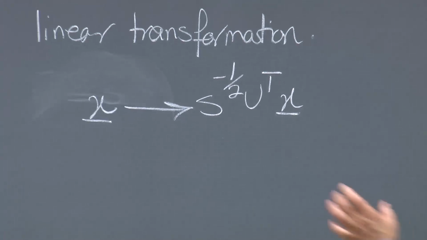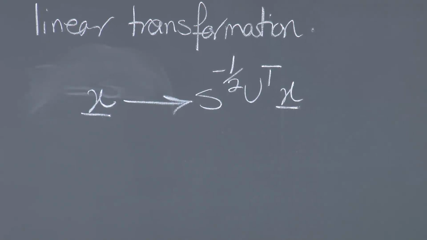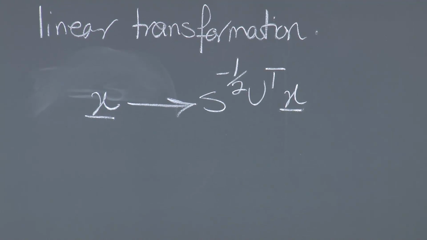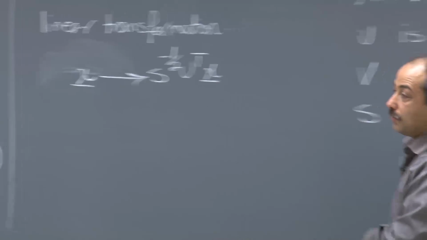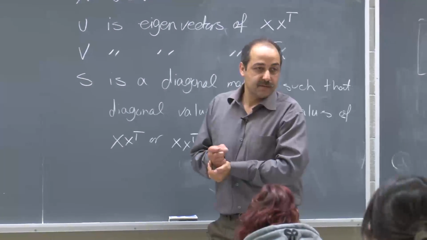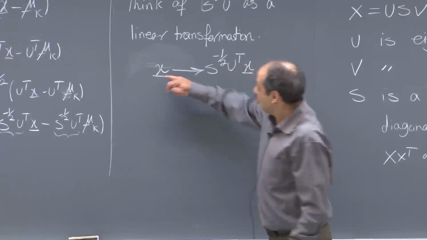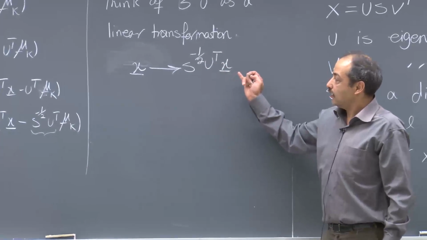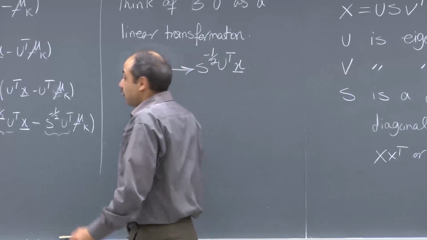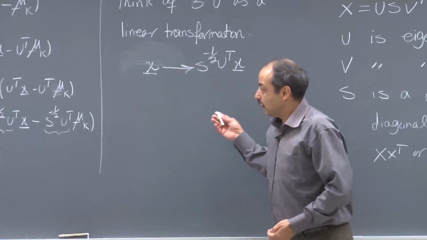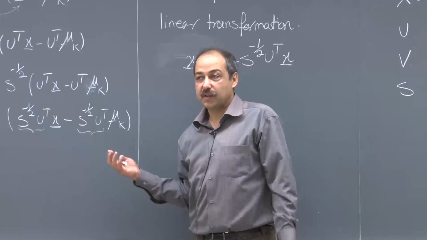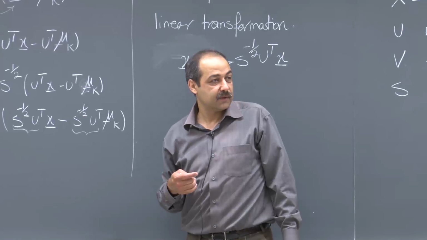So I apply this transformation to X, to a new space. It's a linear transformation. So if I map all of my points to this new space, the mean of these points will be transformed with the same transformation as well. Is that right?